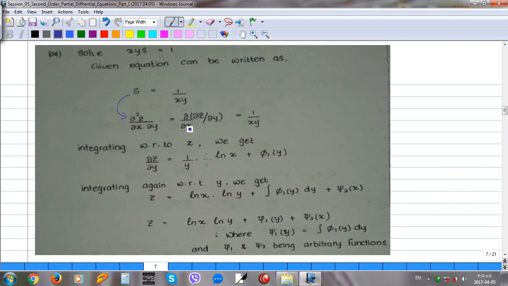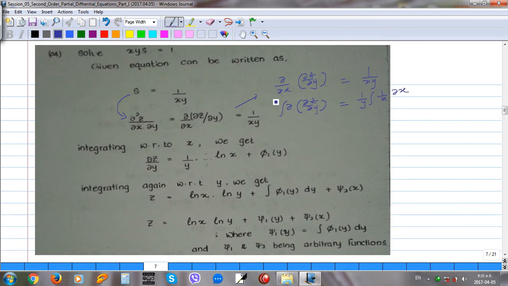So this equation is ∂ over ∂x times ∂z over ∂y equals 1 over xy. So you can integrate this: ∂z over ∂y equals 1 over y times 1 over x ∂x.